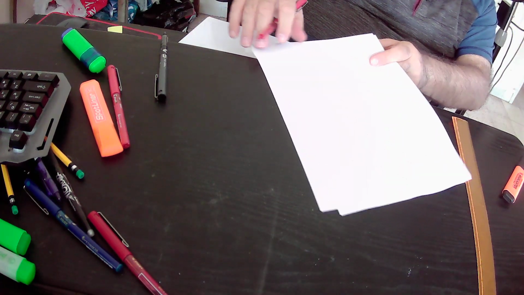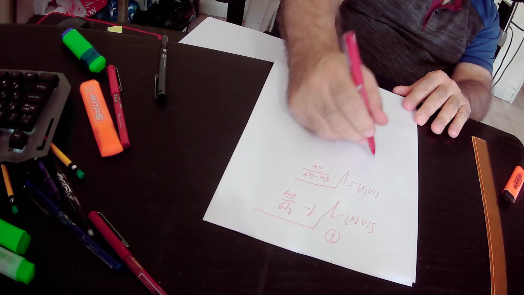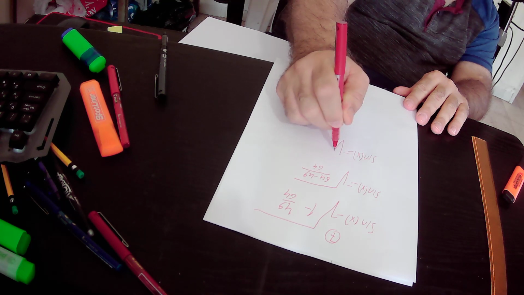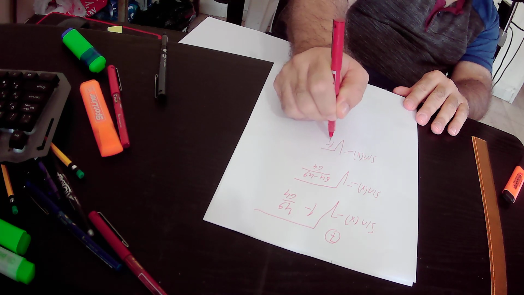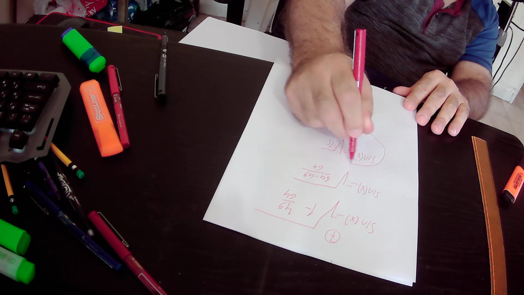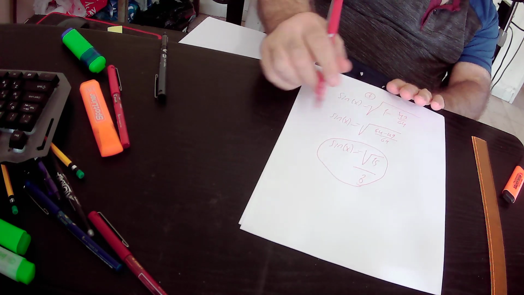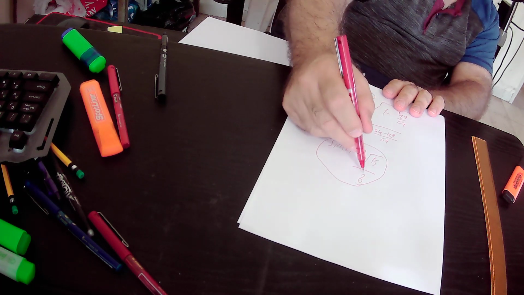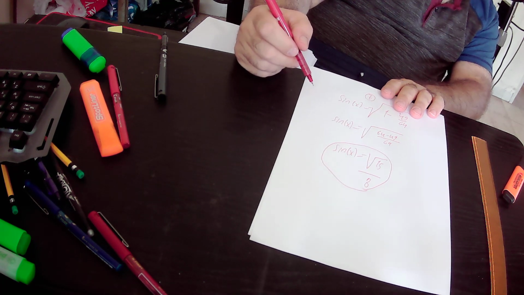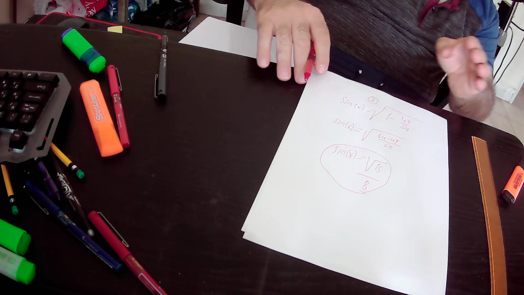So in total we got that sine x equals the root of 15 over 8. Okay, now we will return to our first equation, equation number 1.